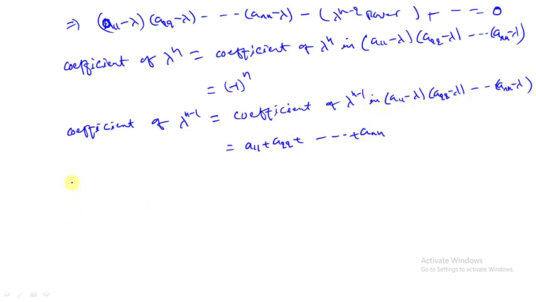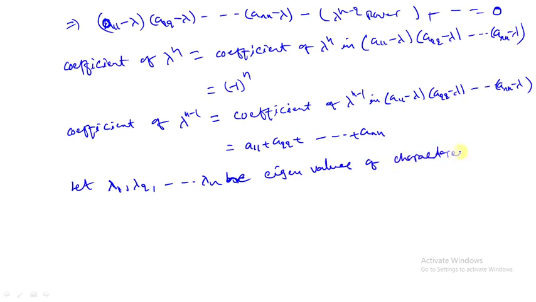Now suppose lambda 1, lambda 2, and so on, lambda n be the eigenvalues of the characteristic equation P_A(lambda) equal to 0.